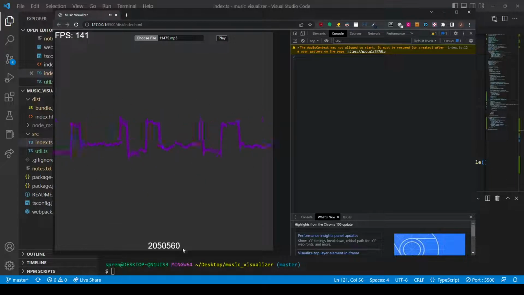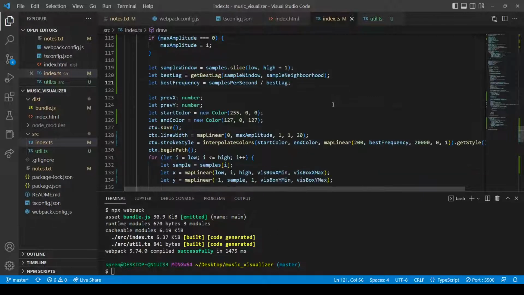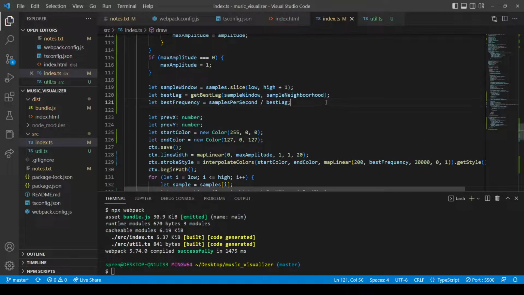Oh dear. I might have broken something. Okay. What I should probably do, for starters, is print out the best lag.